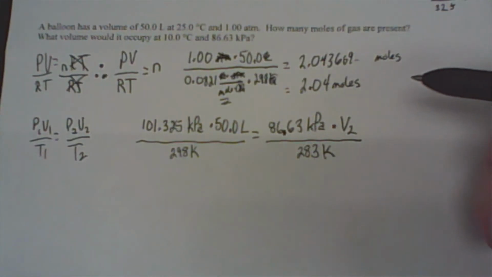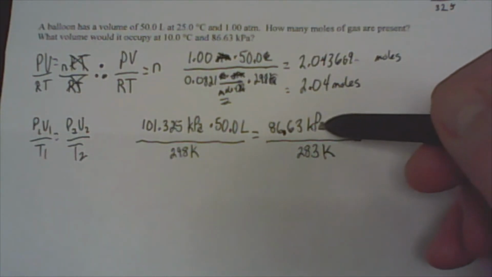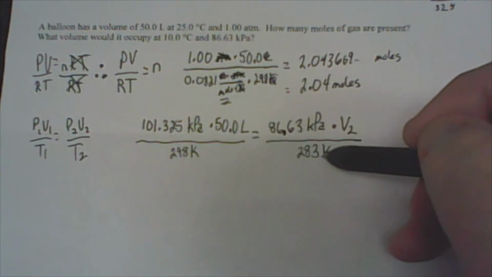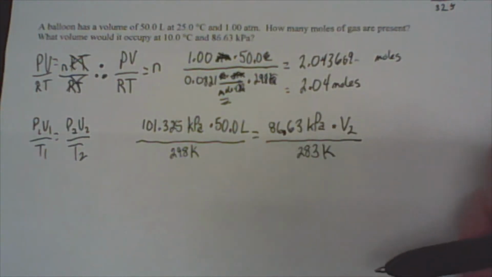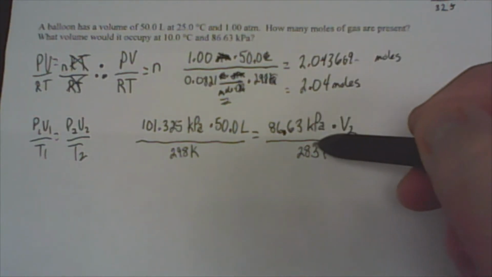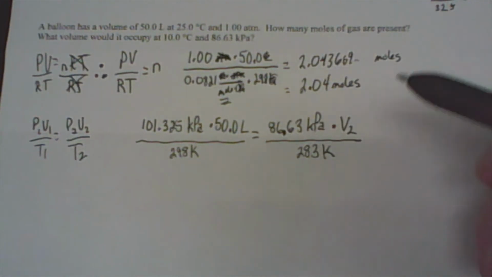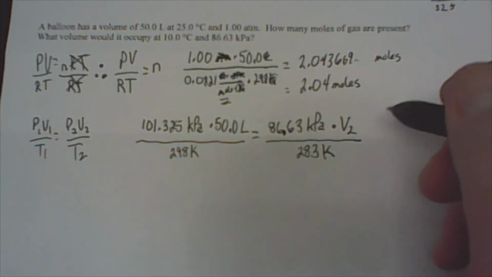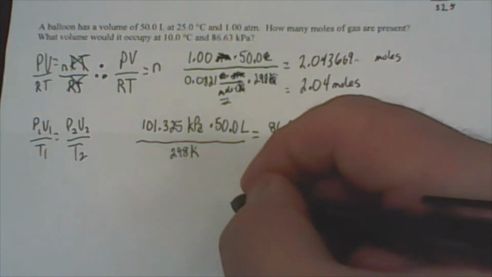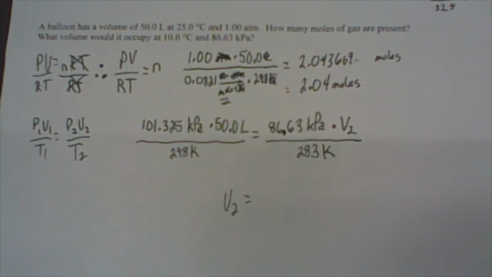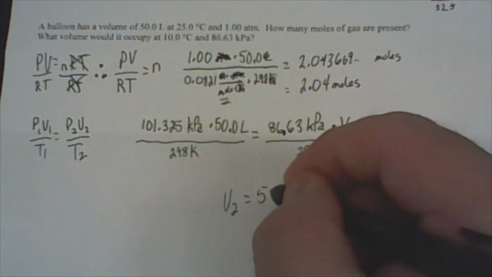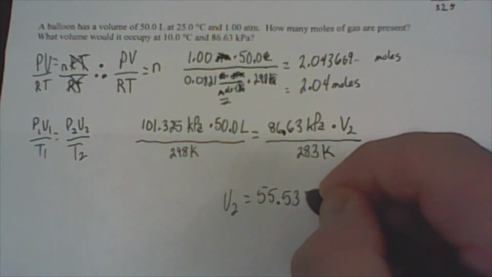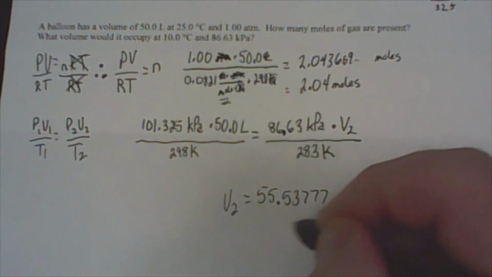So, I'm going to divide both sides by 86.63 kPa. I'm going to multiply both sides by 283 Kelvin. That way I cancel out on this side. I'm not even going to go ahead and write that out. I'm just going to let you know that I did that. So when I come up with V2, I get a value of 55.53777.